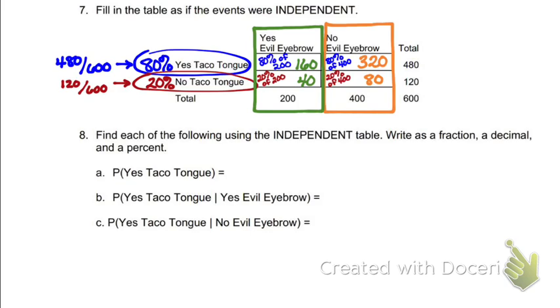Using this new table, I want you to find the same probabilities we did up above, but using this table of information now. This is the assuming-they're-independent table. Find the same three probabilities that we did up above for A, B, and C. What's the probability that somebody is a yes to taco tongue? What is the probability that somebody is a yes to taco tongue given that they're a yes to evil eyebrow? What's the probability that somebody is a yes to taco tongue given that they are a no to evil eyebrow?